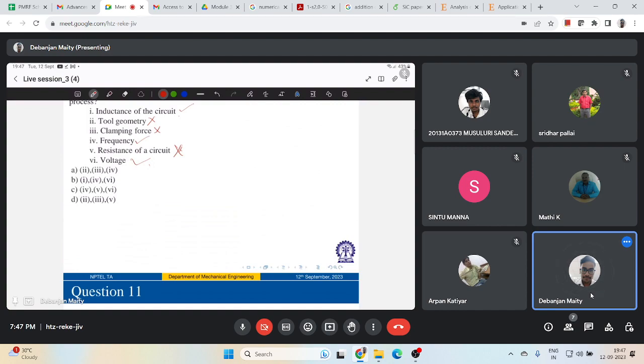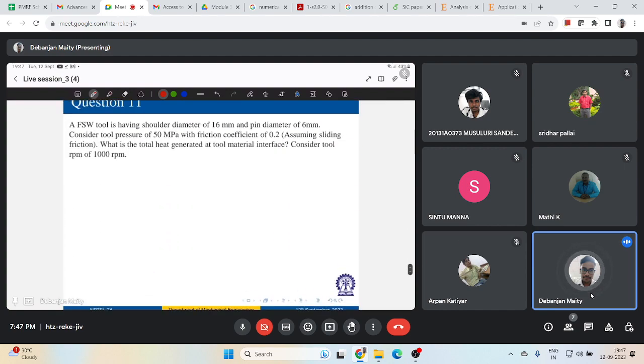Great. We'll move to the last question then. We have an FSW tool with a shoulder diameter of 16 mm, and a pin diameter of 6 mm.